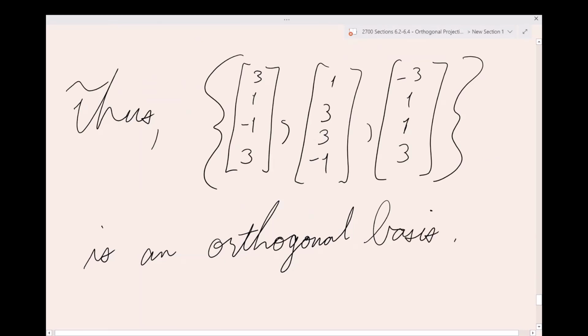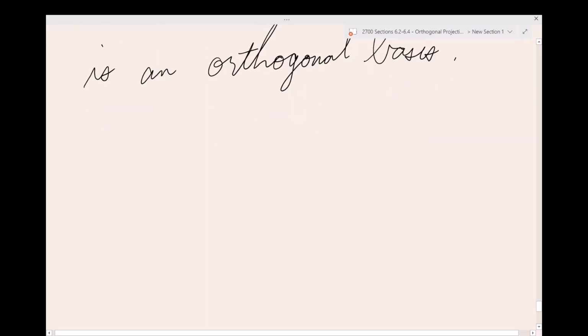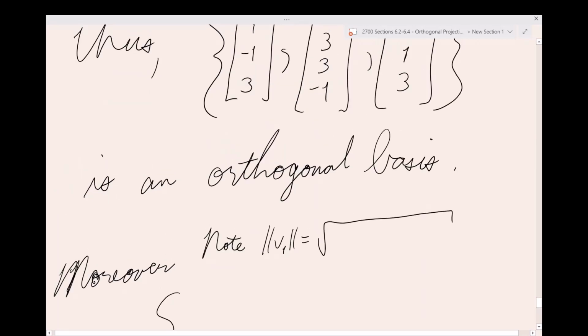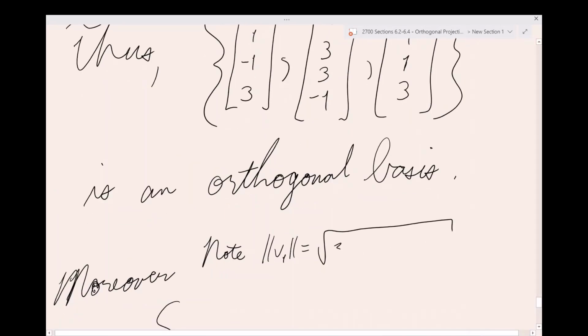Now, if I wanted to take it a step further, so moreover, let's say note, my length of V1 is going to be the square root of its coordinates squared, so that would be 3 squared plus 1 squared plus negative 1 squared plus 3 squared.